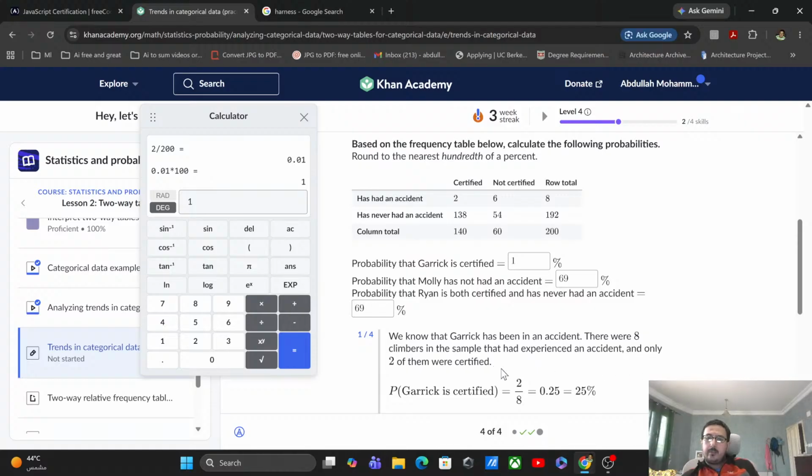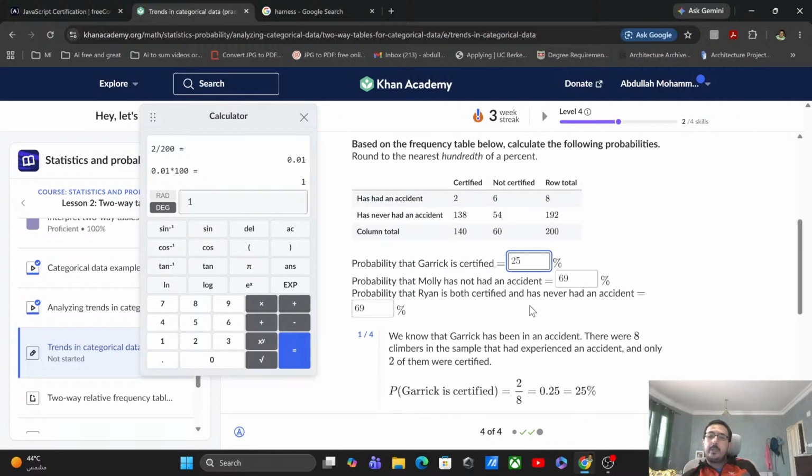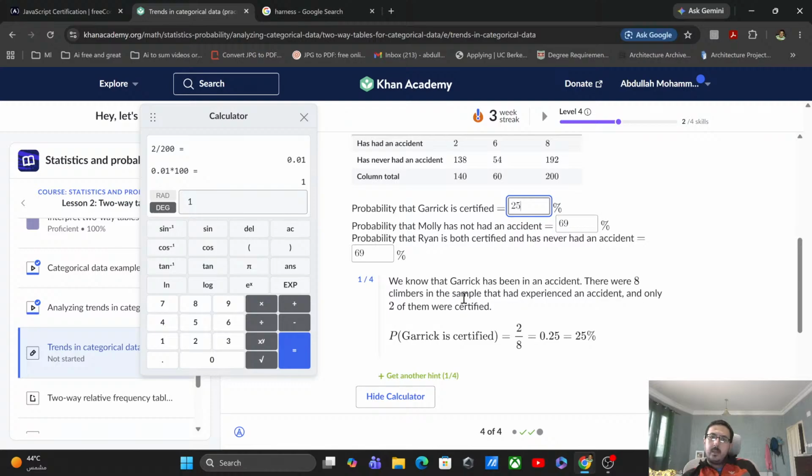Only 2 of them were certified. So 25%. Okay, so my first answer was correct. Based on what we know, Molly is certified.